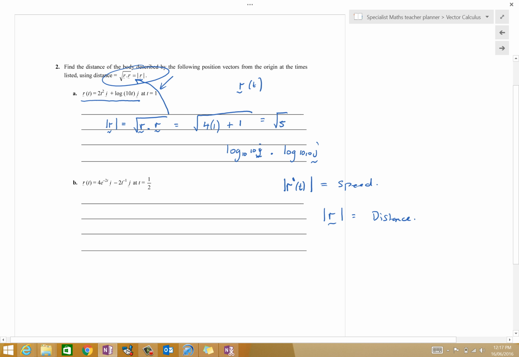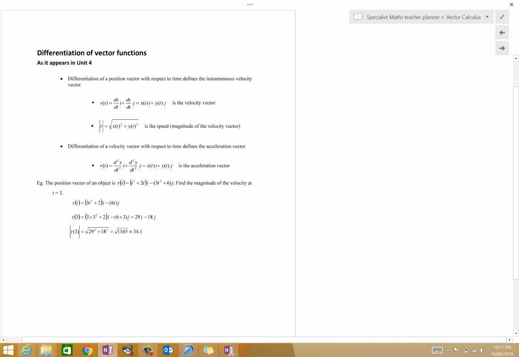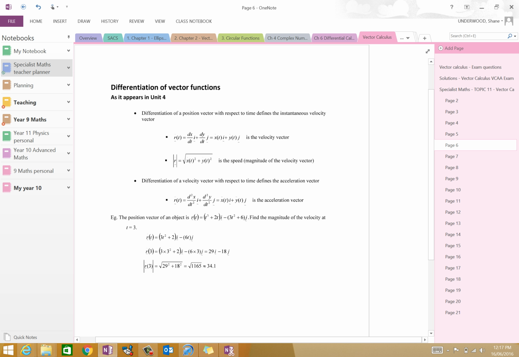If I then look at this next part, it says that if I have the position vector and there's a little dot, we could use a dot or a dash, it doesn't really matter, but you're going to see both.